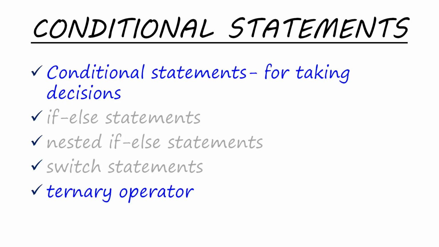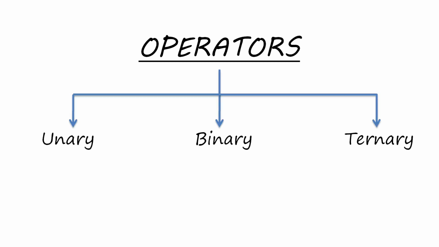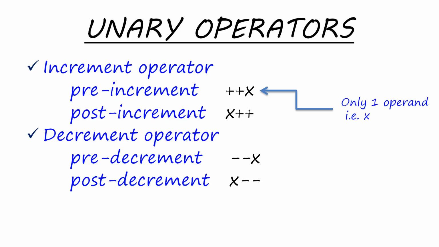First of all, let us see why it is called ternary. Operators are classified as unary, binary, and ternary depending upon the number of operands which the operator is working on. For example, you learned the increment operator plus plus, which increases the value of a single operand, so it is unary.